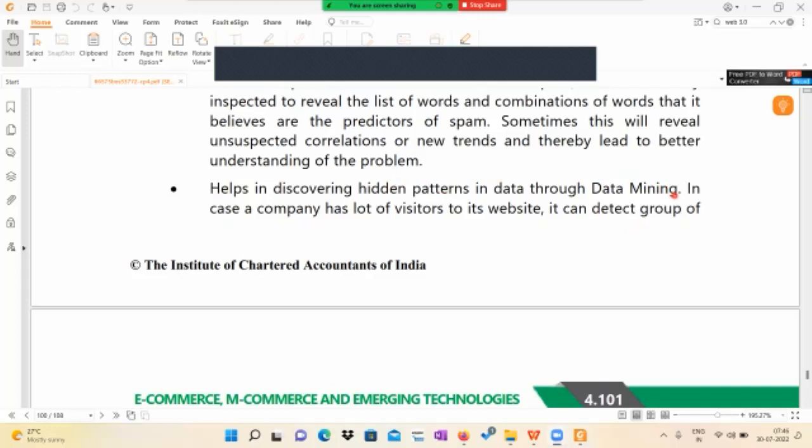Suppose we know that there are certain types of people at the time of Christmas. Christians purchase gifts, and the gift market at the time of Christmas increases a lot when compared to other timings. And sweets are purchased more at the time of Diwali, and North Indians purchase much more sweets compared to South Indians.